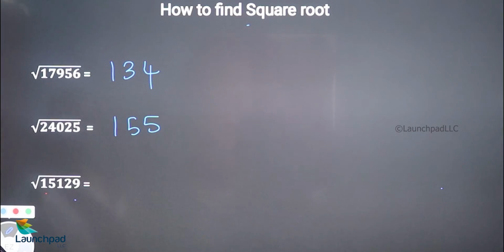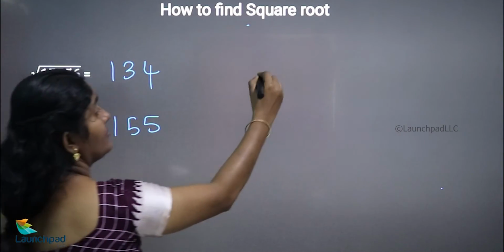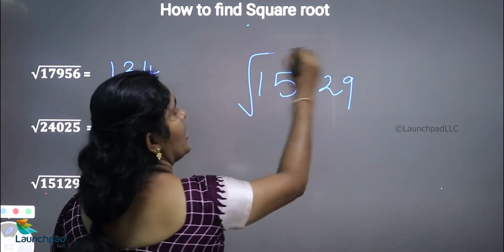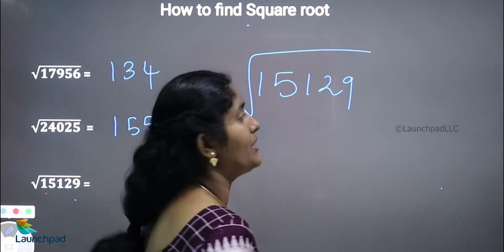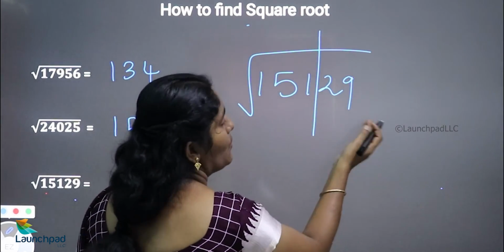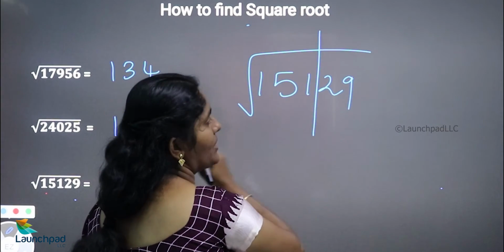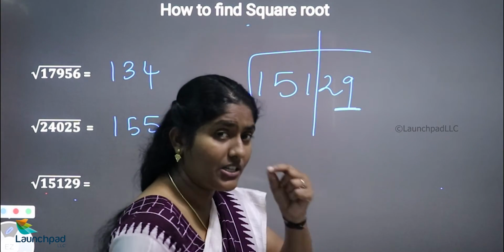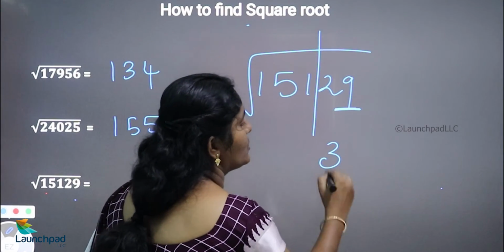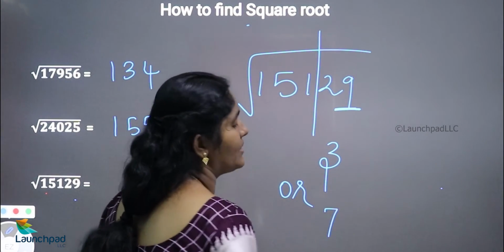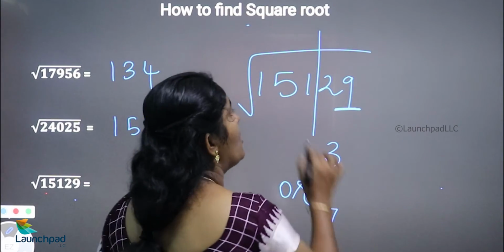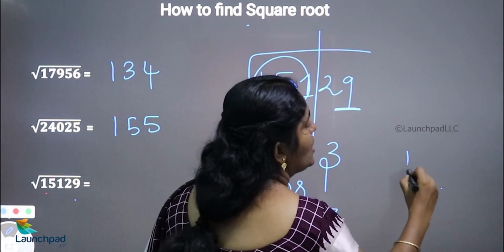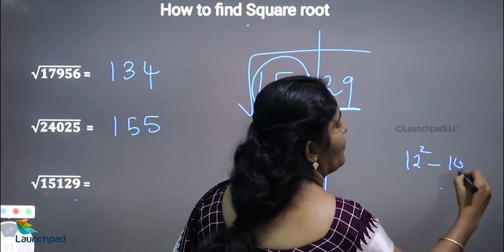And your next example is 15129. Square root of 15129. We want to split 2 digits from your right hand side. Which number has the ending digit value 9? 3 square also ends with 9, and similarly 7 square also ends with 9. 151: 12 square value is 144.